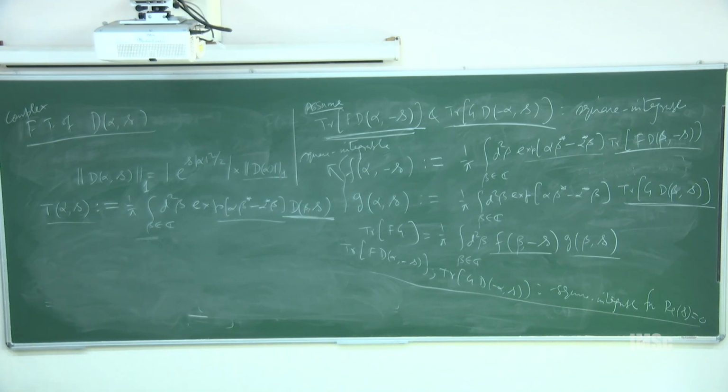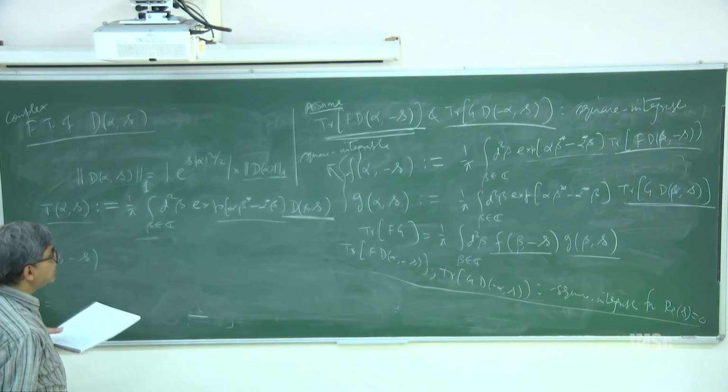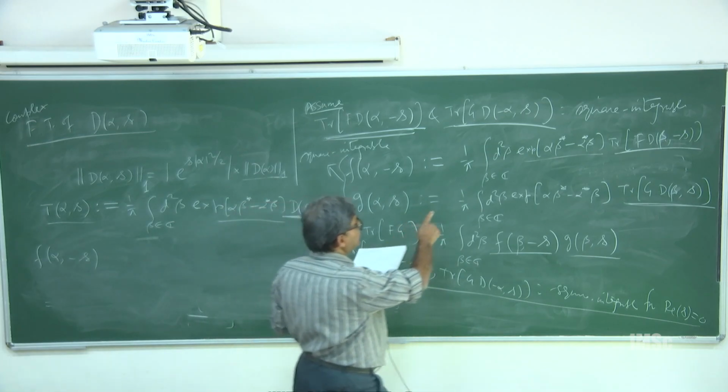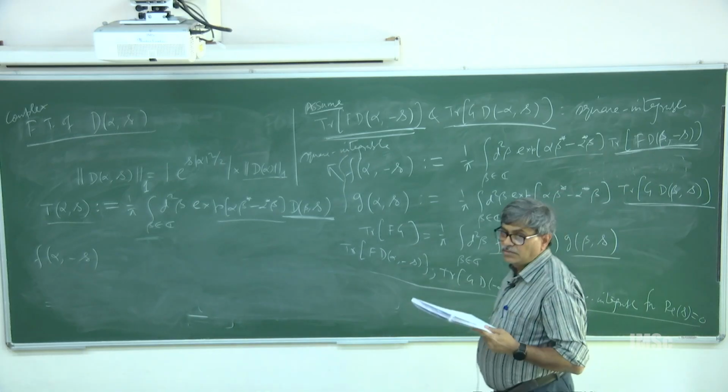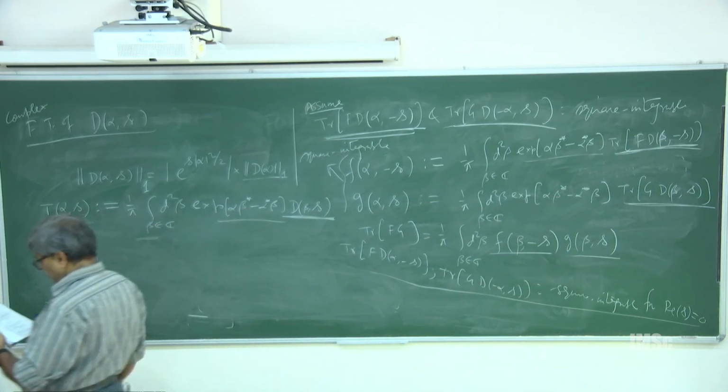Through this complex Fourier transform, what you can do, this we have seen, alpha minus s. So this is, you can say, a complex Fourier transform of this weight function.